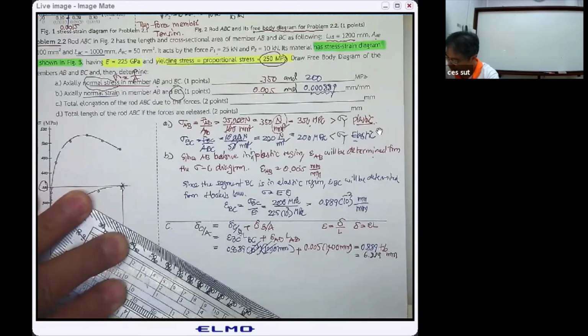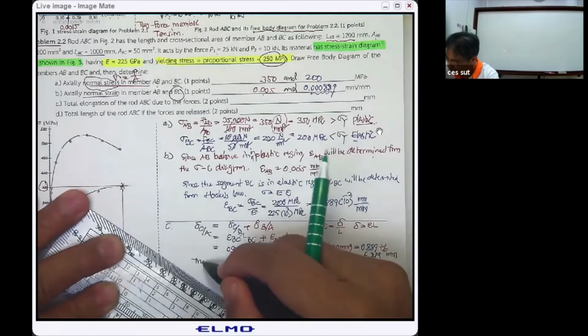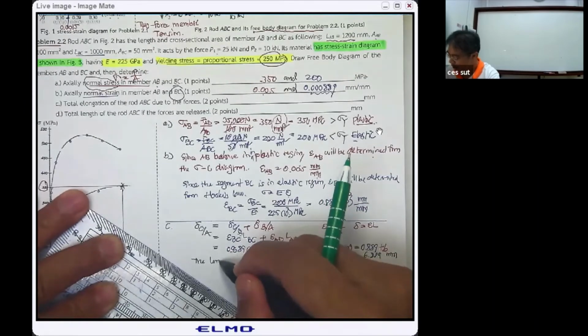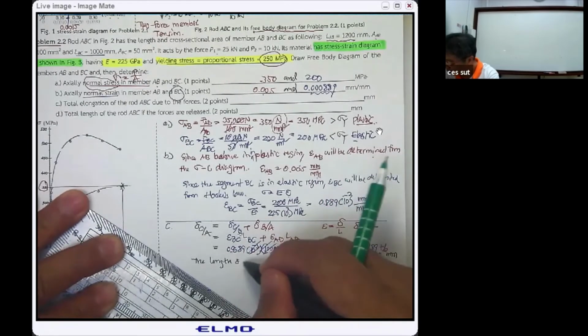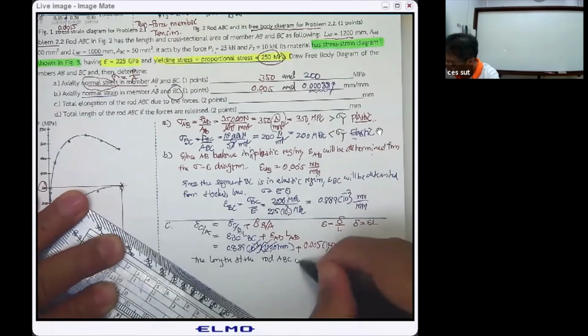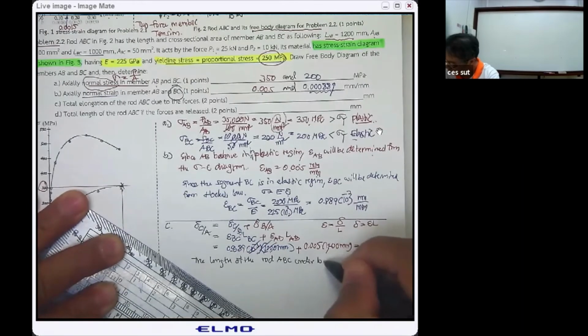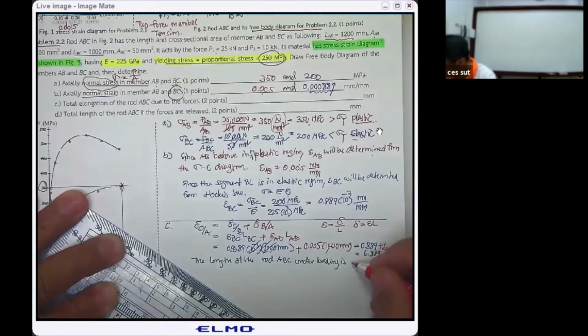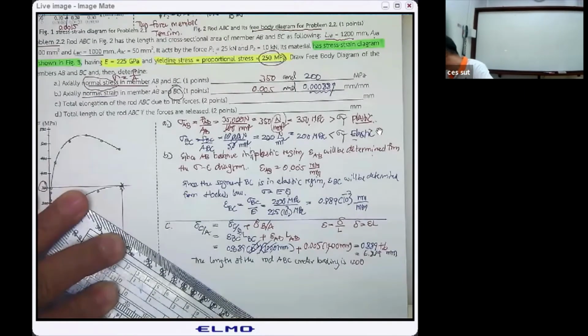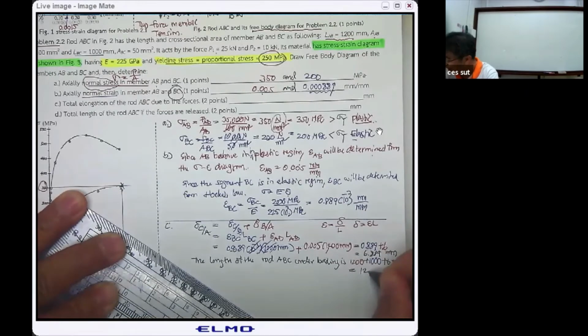And then the length of the rod ABC under loading is going to be 1,200 plus 1,000 plus 6.889.